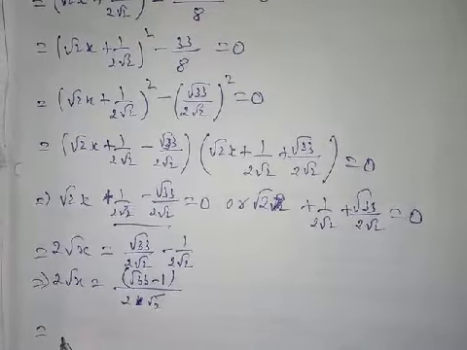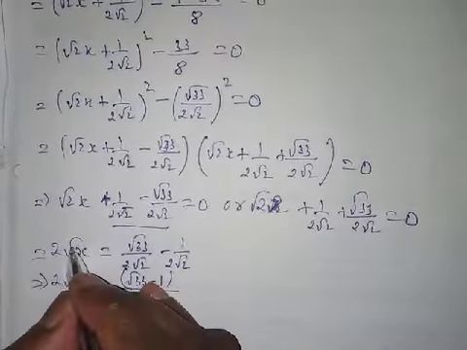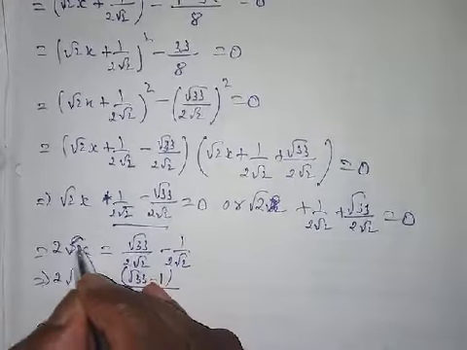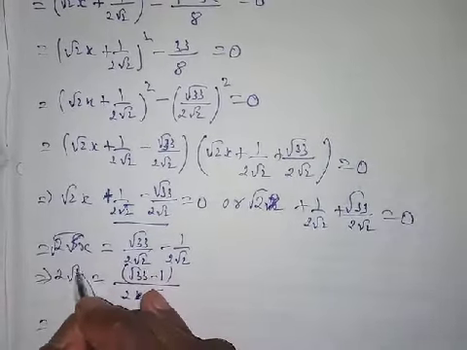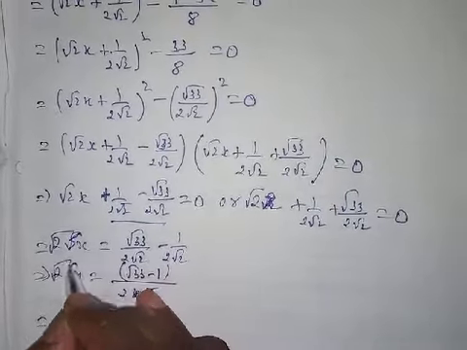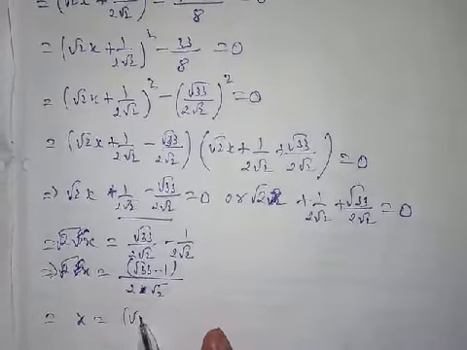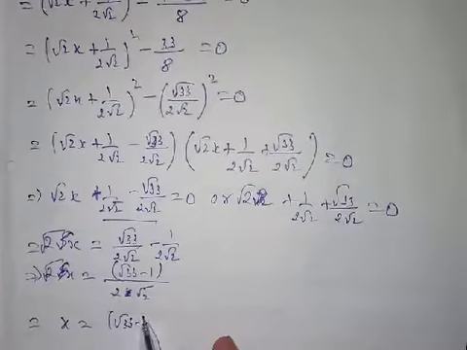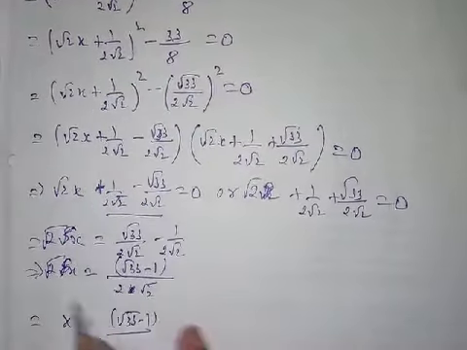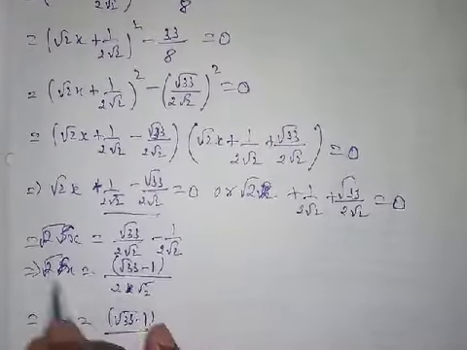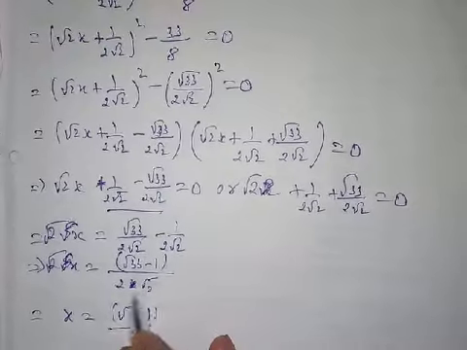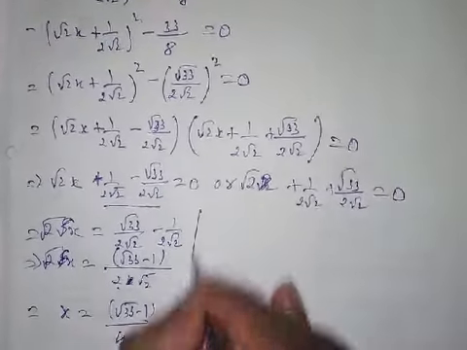So root x, it is not possible. I think this is wrong. This is root 2x. So what is the value of x? Root 33 minus 1. 2 will come on this side, so root 2 will come, root 2 into root 2, 2. 2 2s are 4. It is 4.